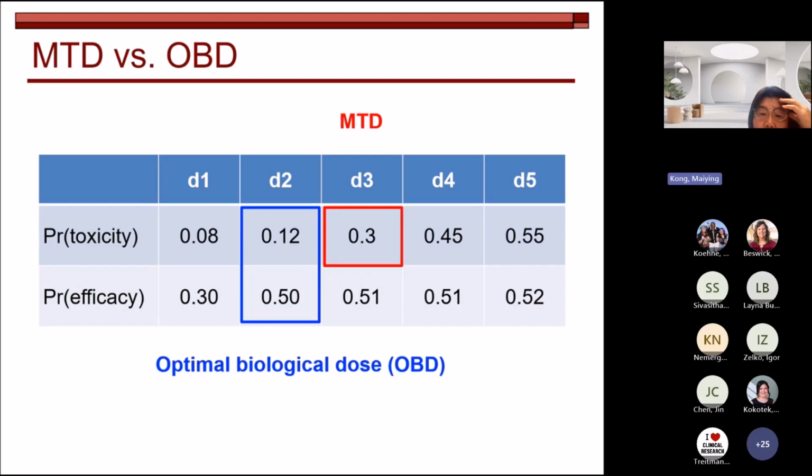From the phase 1 toxicity profile, we may find dose 3 is MTD, but looking at the efficacy profile, dose 2 and dose 3, the effect is almost similar. So we prefer dose 2 instead of dose 3.